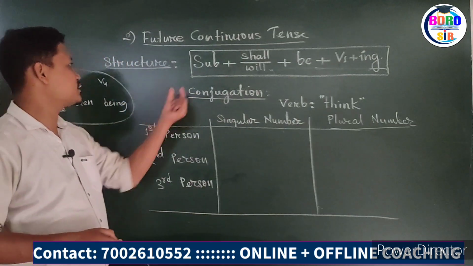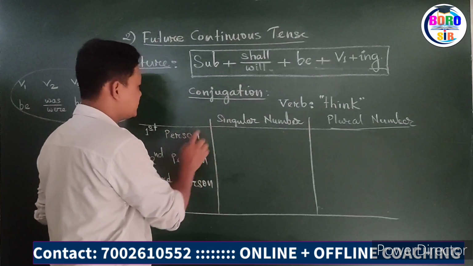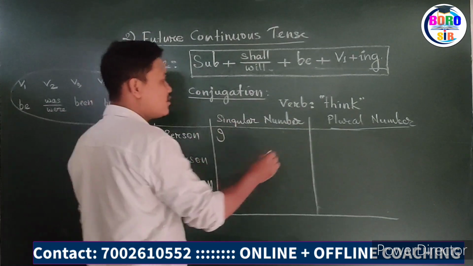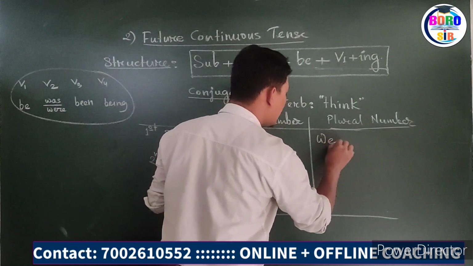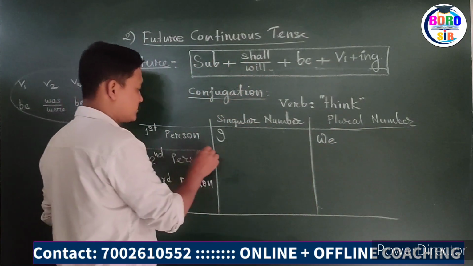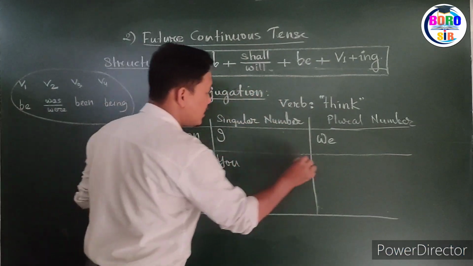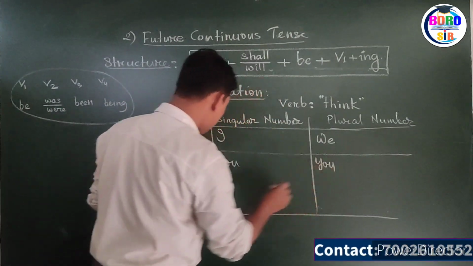Now we are going to write the subjects here. The first person singular subject will be I, as you know, and we is the plural subject here. The next is you, and here also it is you.